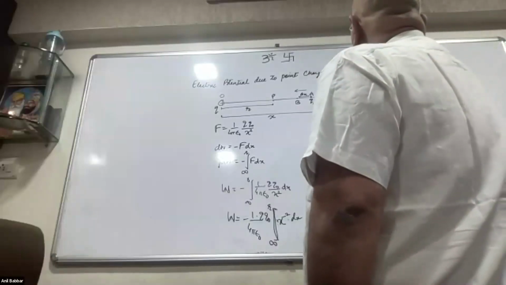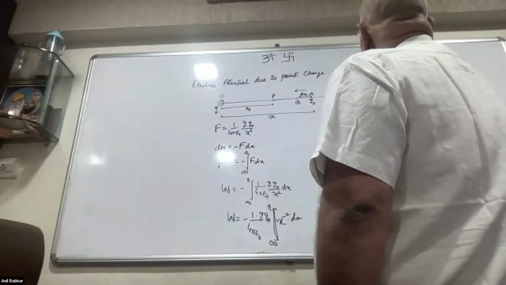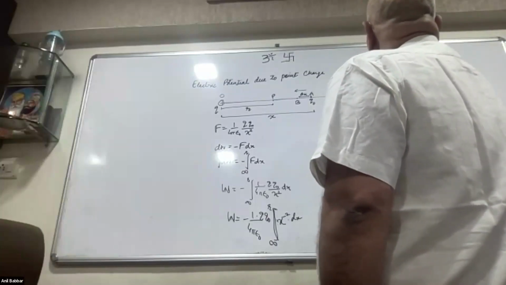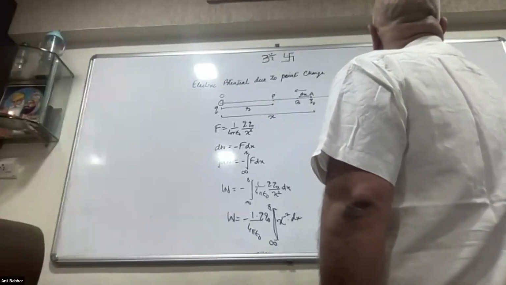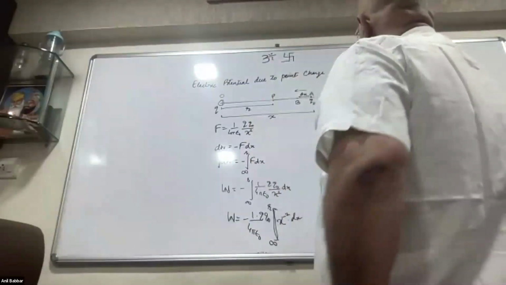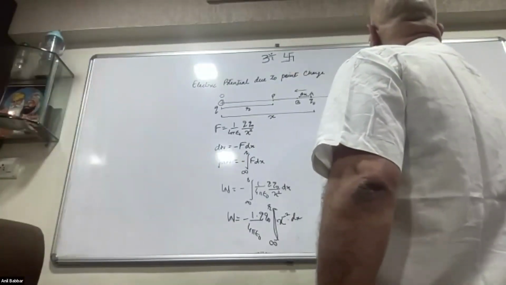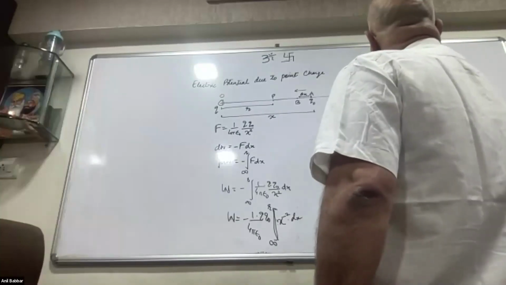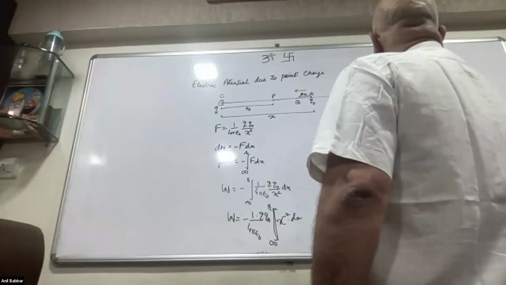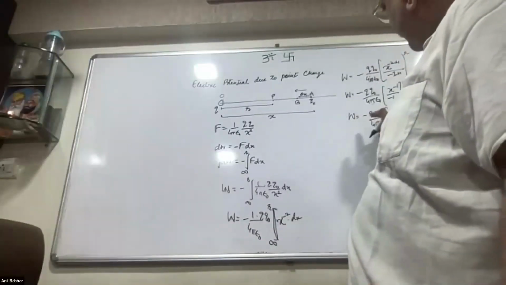So we get W is equal to minus Q naught by 4 pi epsilon naught. So this is x raised to minus 1 upon minus 1 from infinity to R. Right? Now W will be equal to minus Q naught by 4 pi epsilon naught, 1 by x, here this is minus R by infinity. This minus and this minus makes plus.